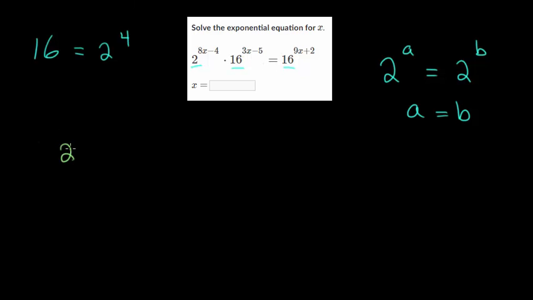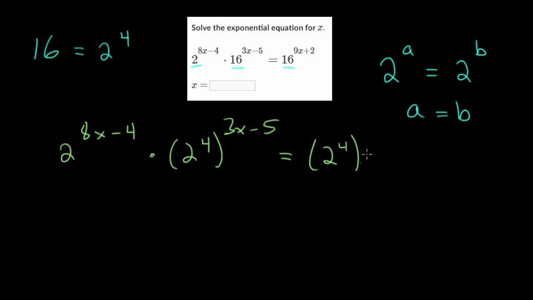So we have 2 to the 8x minus 4 multiplied by 2 to the fourth, we'll plug it in parentheses, to the 3x minus 5 is equal to 2 to the fourth raised to the 9x plus 2. And now we'll use our exponent properties. We know that when we raise an exponent to an exponent, we're just going to multiply.